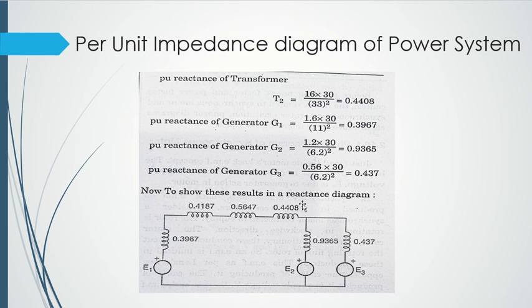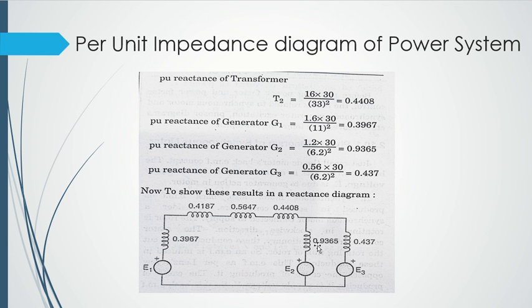So we will write E2 and E3 here for generators G2 and G3, and we will represent their reactances in the similar fashion as the other reactances, and write up the values of the reactance of both the generators.